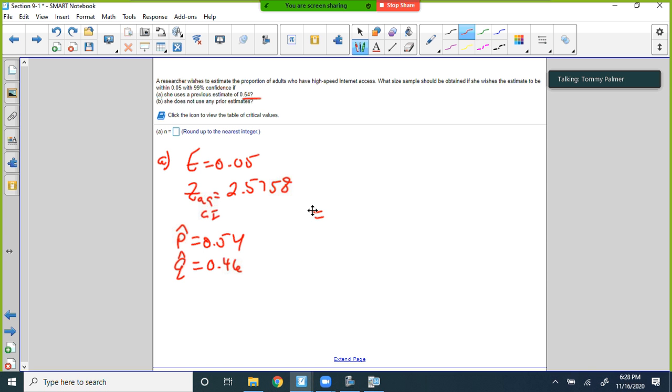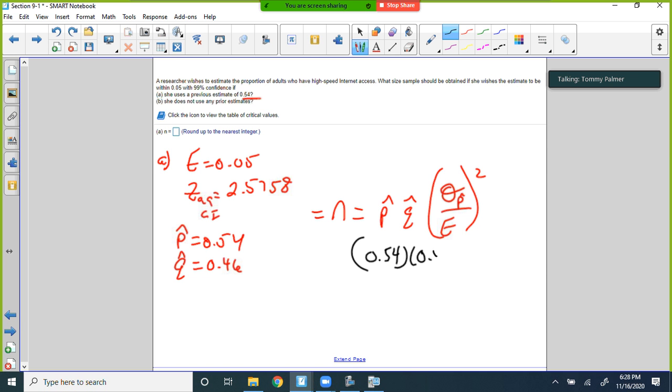Let's see if we can do this. N is equal to P hat times Q hat times Z over E, squared. So we've got 0.54, 0.46, and no, it ain't standard deviation.